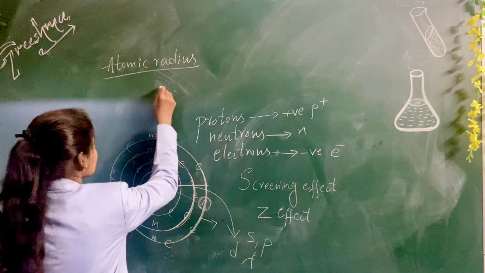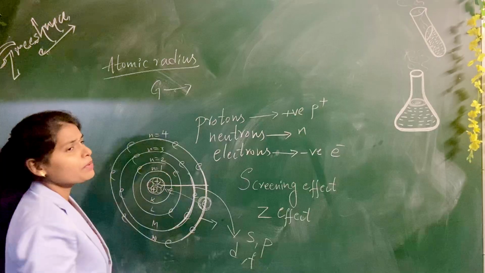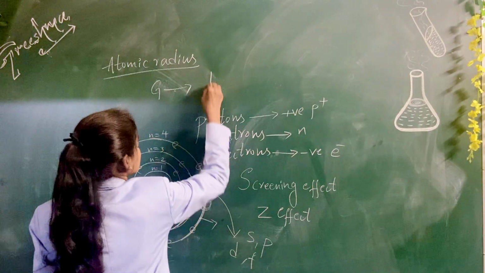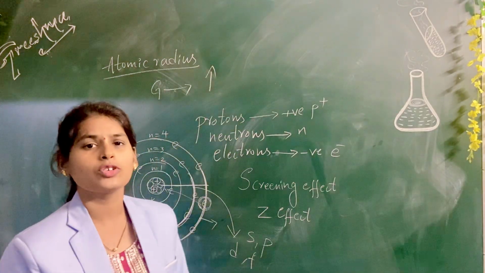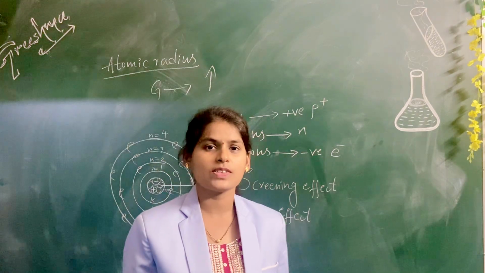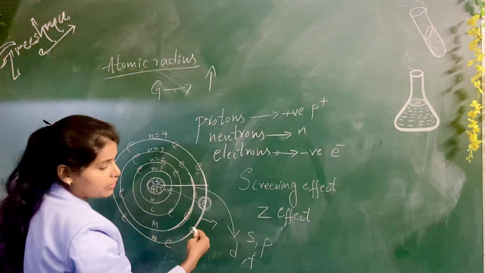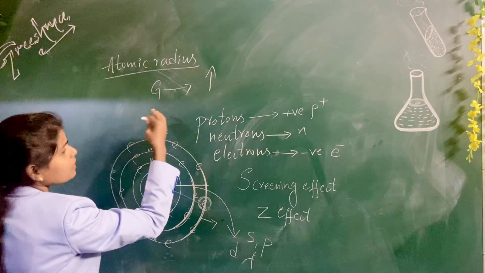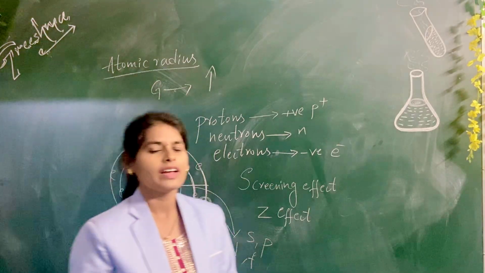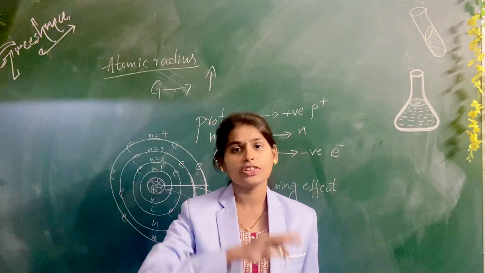Then what happens to the atomic radius in groups and periods? In groups, atomic radius is going to increase. Why? As we move from top to bottom in a periodic table, the atomic radius increases because every time the electron is added to a new shell.